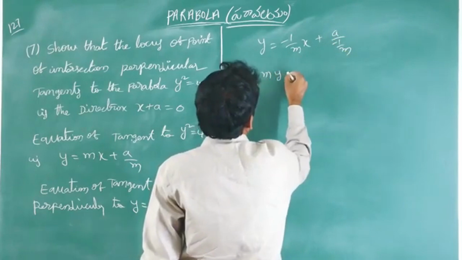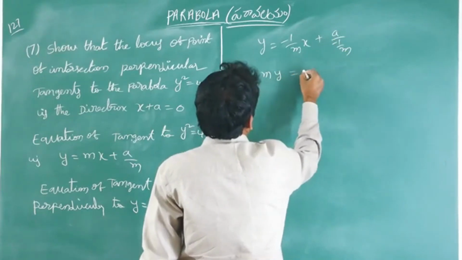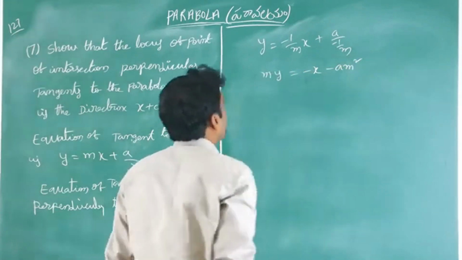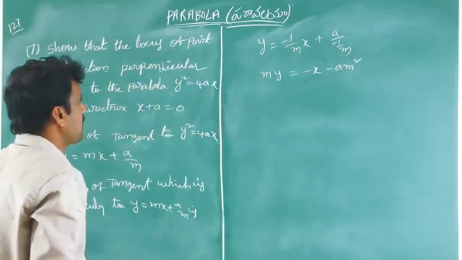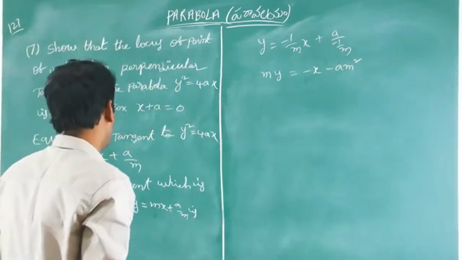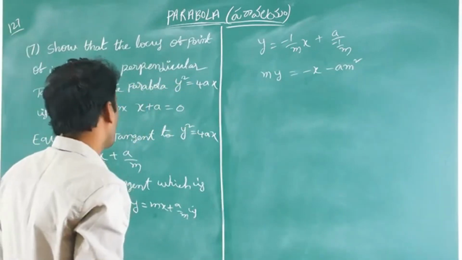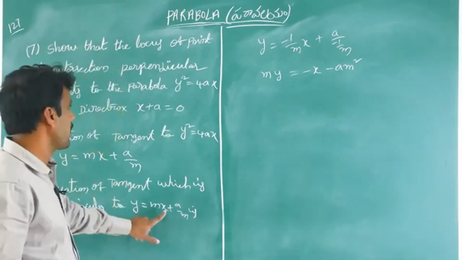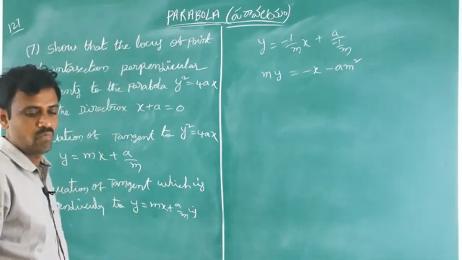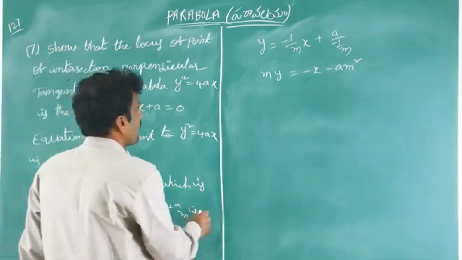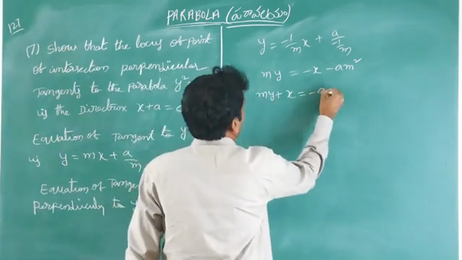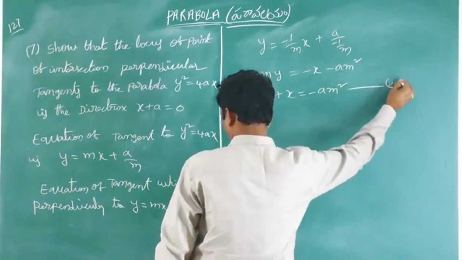That is my = −x − am². From this, y = mx + a/m. Next, my + x = −am². This is equation number 2.